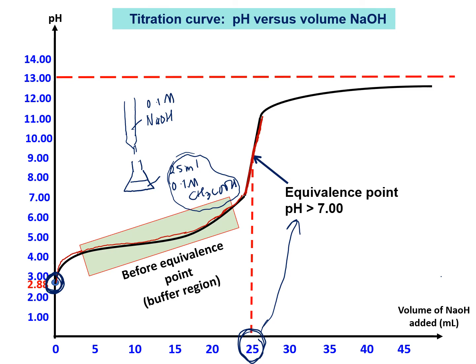So, I will have a mixture of, dekat sini, dekat bahagian buffer ni, I have a mixture of weak acid, CH3COOH, yang masih belum habis bertindak balas, dan juga saya punya garam, CH3COONa. Okay, kalau tak nampak, saya tuliskan equation untuk awak.